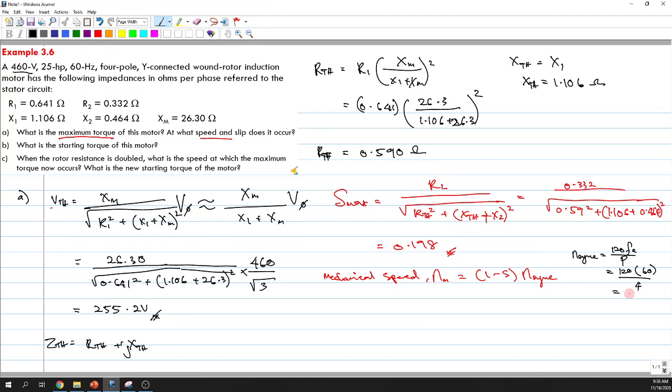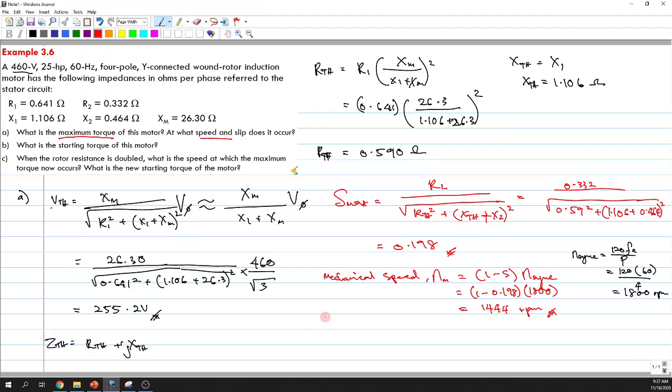From here we get 1800 rpm. So Nm is 1 minus 0.198 times 1800, which is equal to 1404 rpm. This is the speed at the slip.